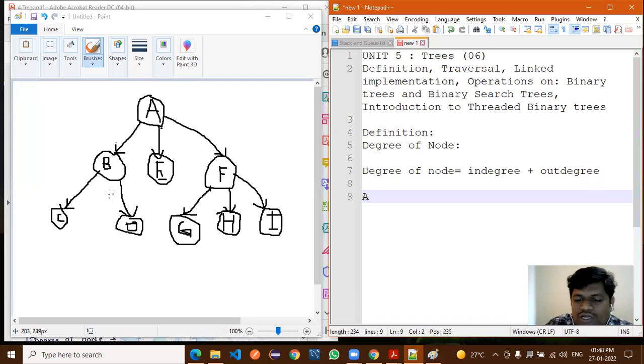Now what is the degree of node A? Out degree 3. And what is the in degree? 0.